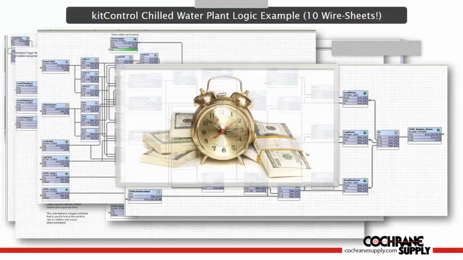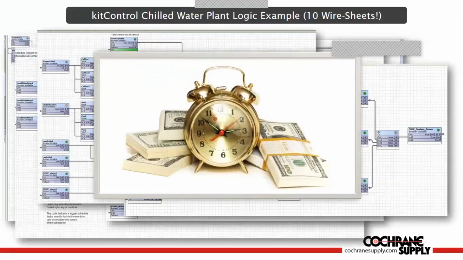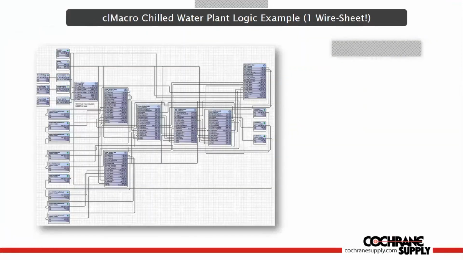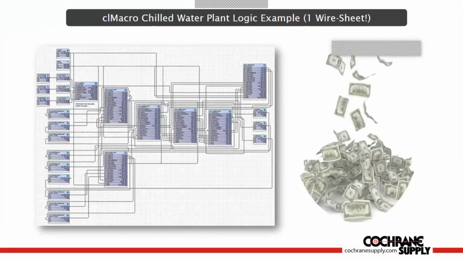And as you know, that takes up a significant amount of programming time, which costs additional money. So what if we gave you the ability to do it with one wire sheet using the chilled water plant library? Now instead of 10 wire sheets, you've got that same configuration at that same level of complexity and I/O point count. You're doing it in one wire sheet versus 10.